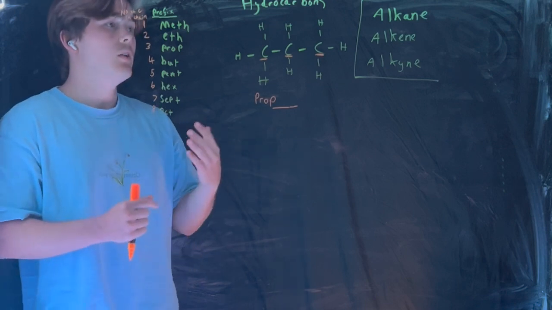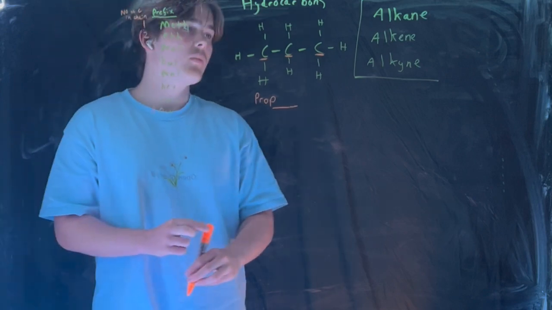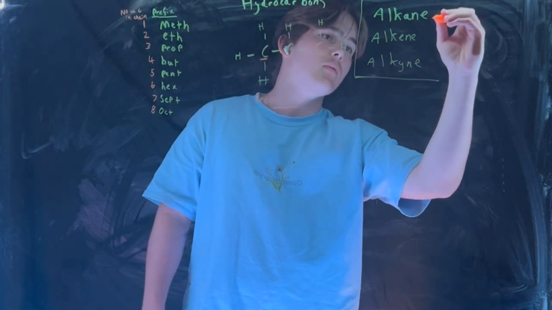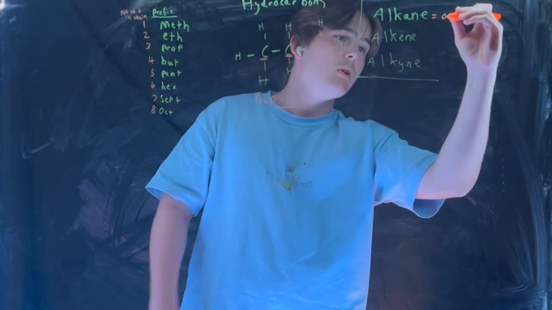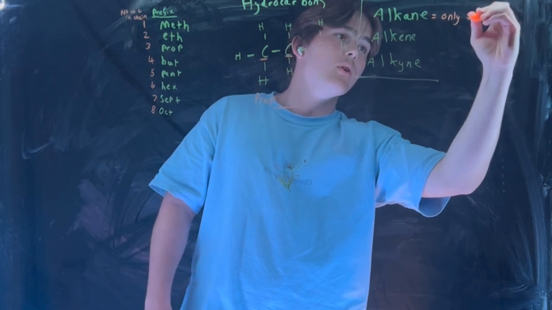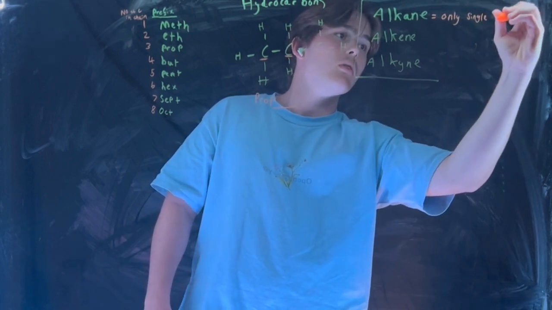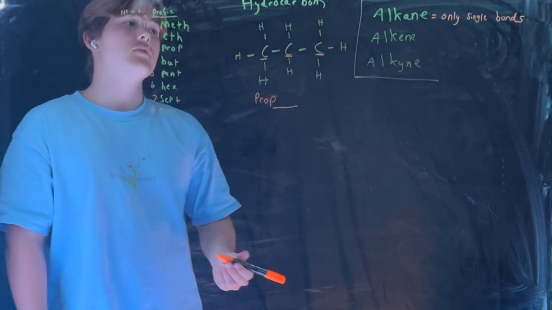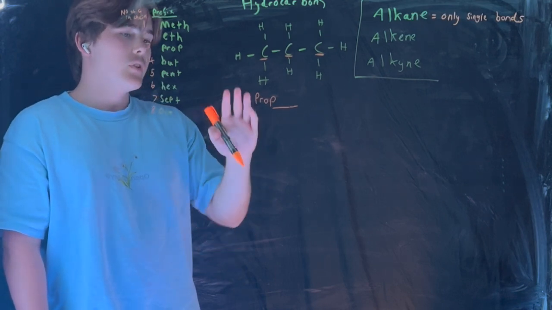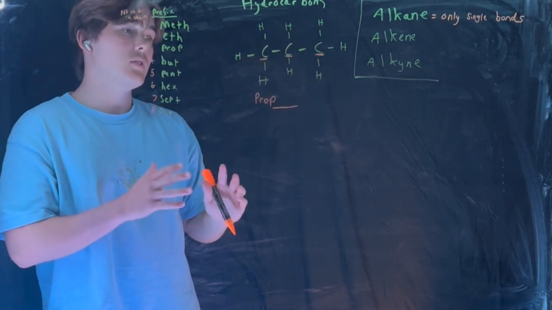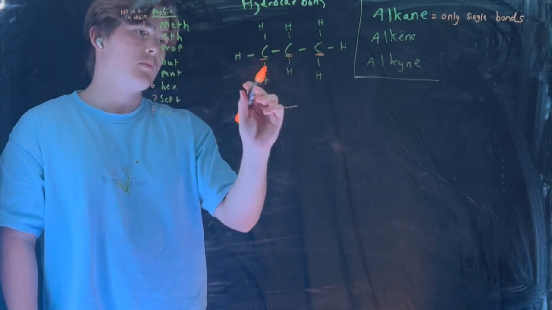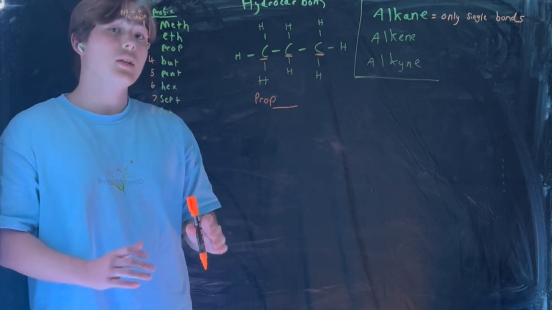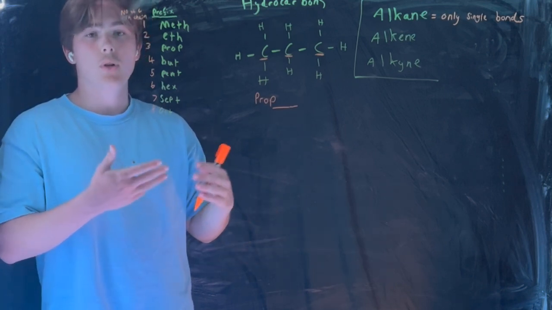So let's look at the differences between them. An alkane is only single bonds, which is what we have here. Now, an alkene is when we have at least 1 double bond in the molecule.